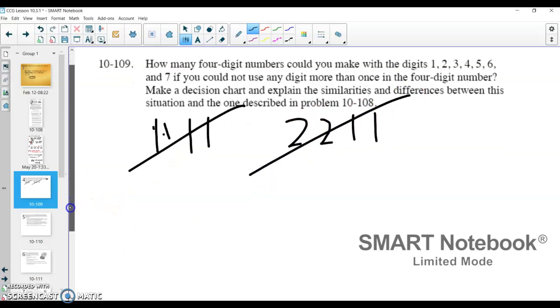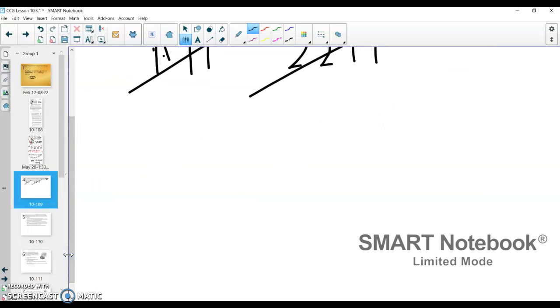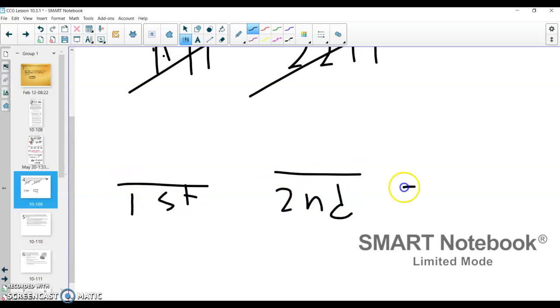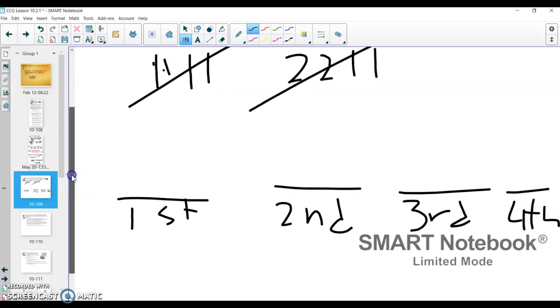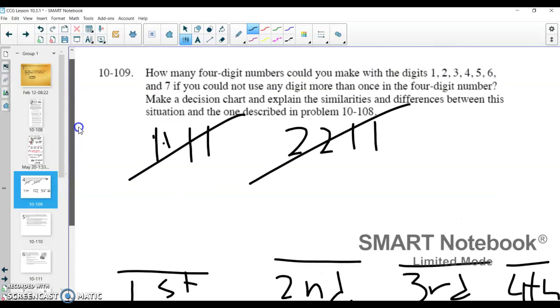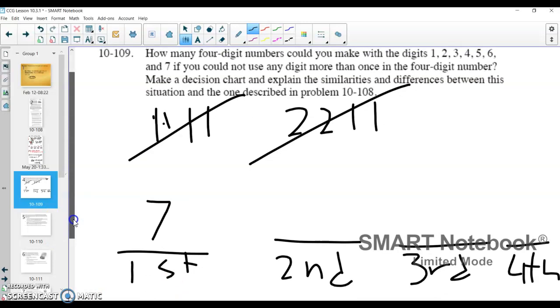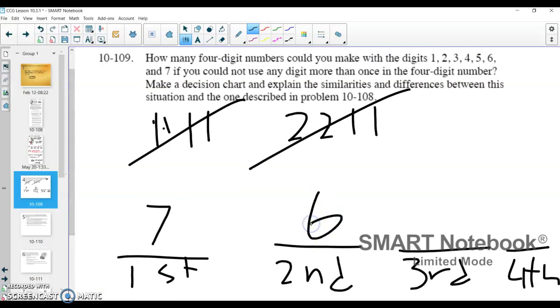But we still have 4 decisions to make because we have 4 digits. And so we have a first decision, a second, a third, and a fourth. The first decision we make, there are 7 choices, right? You could choose numbers 1 through 7. But on the second choice, there's only 6 choices, because on the first one you chose a number.